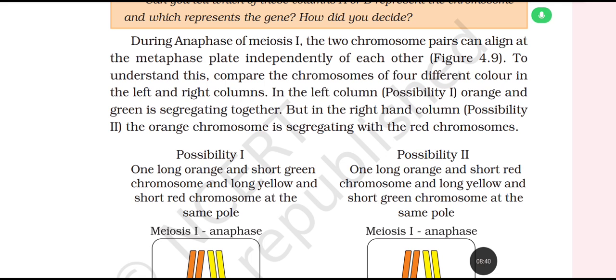During anaphase of meiosis 1, the two chromosome pairs can align at the metaphase plate independently of each other, figure 4.9. To understand this, compare the chromosomes of four different colors in the left and right columns. In the left column, possibility 1, orange and green are segregating together, but in the right-hand column, possibility 2, the orange chromosome is segregating with the red chromosome.